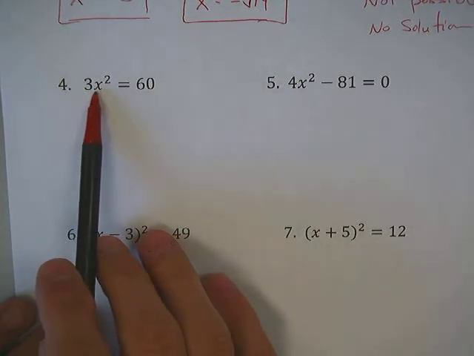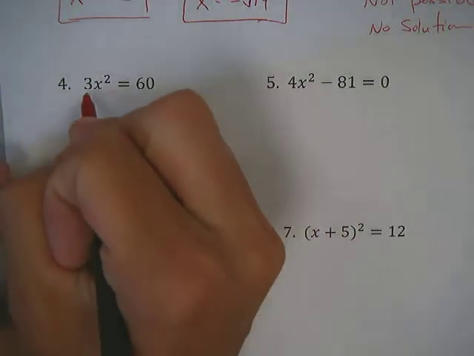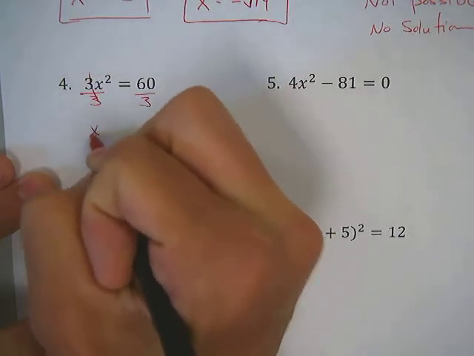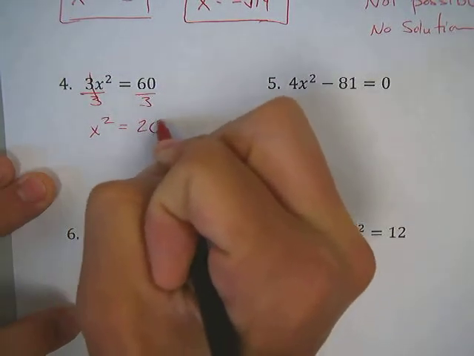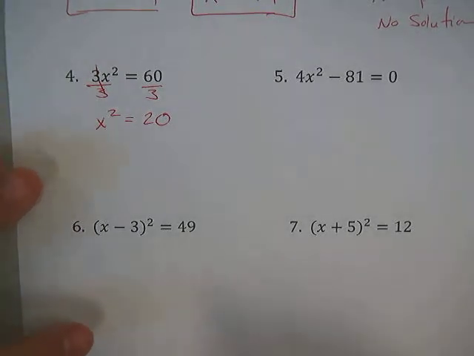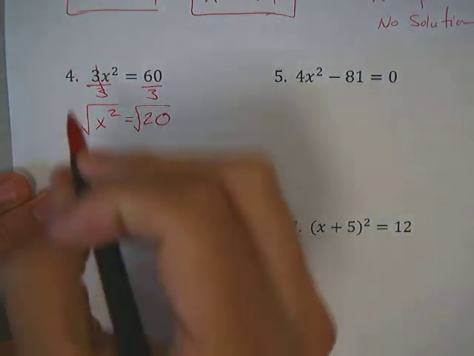Okay, let's move down to number 4. A little bit different than the ones we've done before. You notice here that there's a 3 out here. Well, the basic rule here for this square root method is you want to get the x squared by itself first. So, very first thing is, I'm just going to divide both sides by 3. X squared equals 20. And then the next thing is to do like we did with the previous ones.